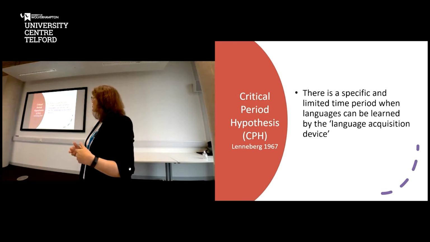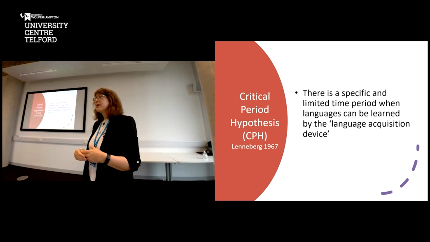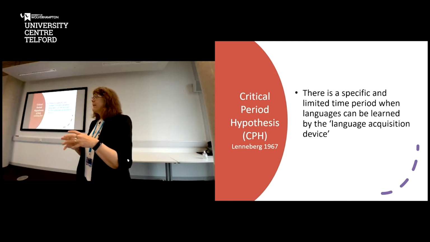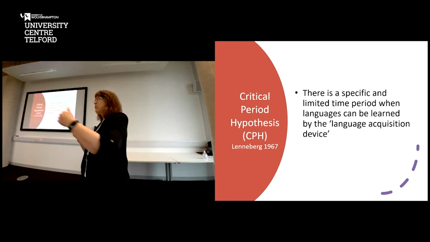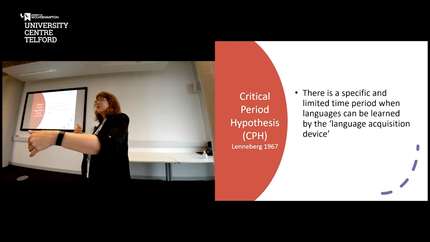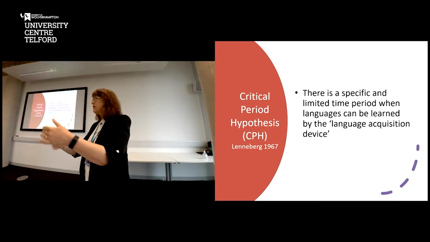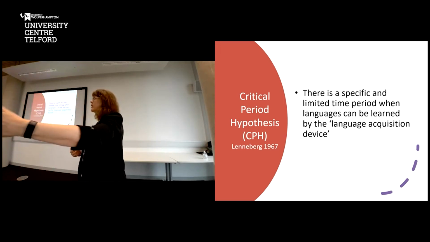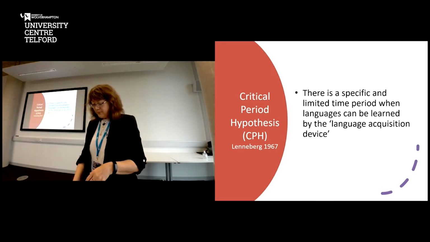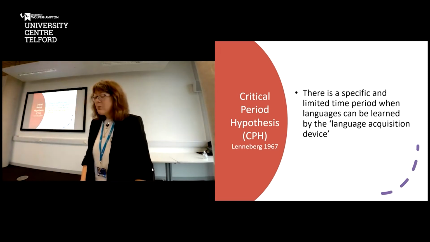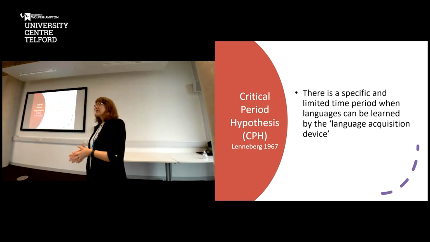People tend not to call it a critical period now, it tends to be called a sensitive period, and people might have different ages: pronunciation has a certain cut-off point, syntax has a certain cut-off point, maybe vocabulary. We keep on learning new vocabulary throughout our lives. But puberty does seem to be key here.